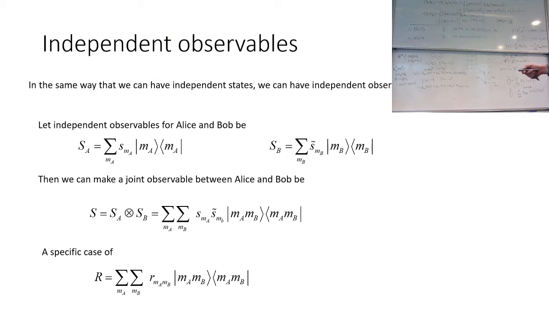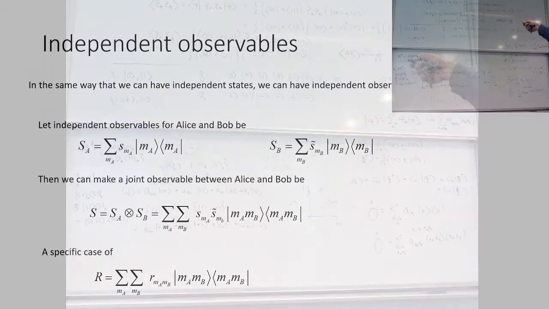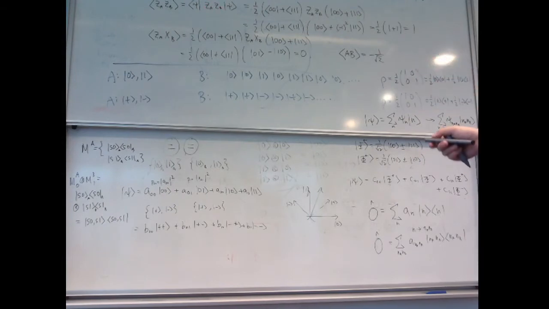And for independent observables, this observable A and B could have been an arbitrary matrix, but for independent observables it takes a more special form, this product form. This was the case in the Bell's inequalities case. This operator Z_A Z_B, for example, was just a product, so the observables are actually independent.